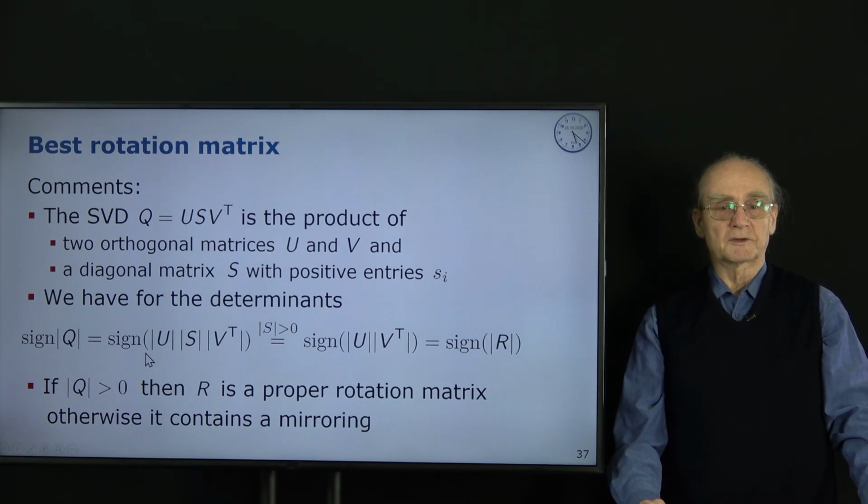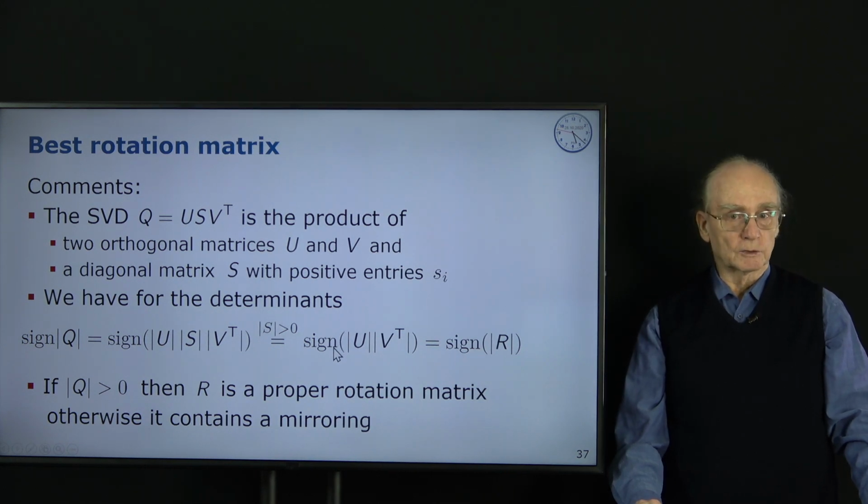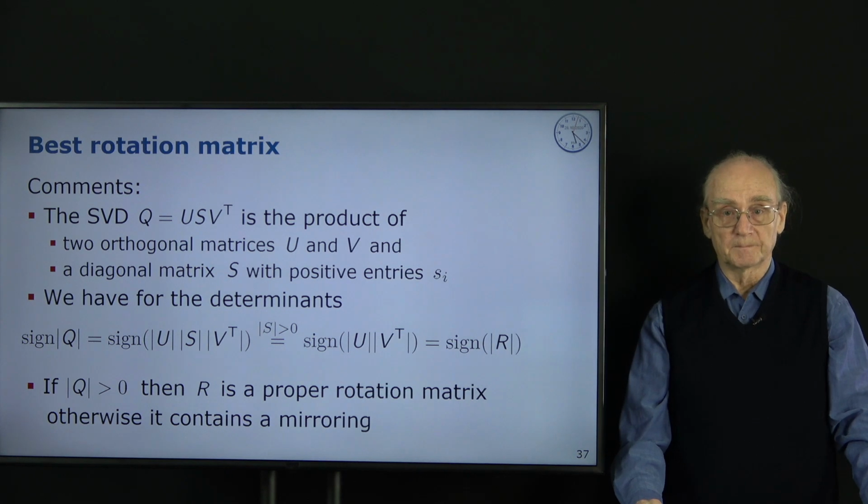Now we take the sign of this product and cancel the determinant of S. Because the determinant of S is positive, the sign of this product U multiplied with V transposed is staying. So we have the same sign of the determinant as Q. And now, of course, U multiplied with V transposed, the determinants, which are plus or minus 1, give the sign of R, which may be plus or minus 1.